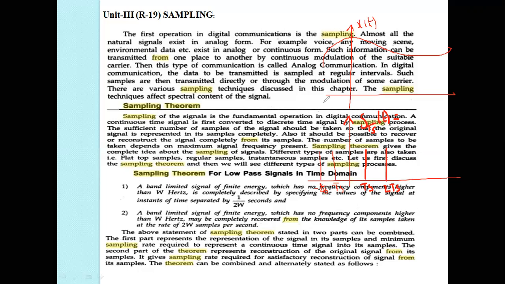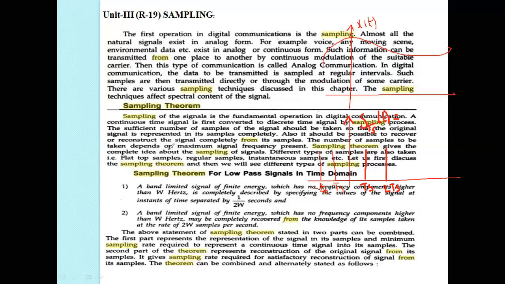There are various sampling techniques, and they affect the spectral content of the signal. After sampling the continuous time signal, we transmit it directly or through modulation of a carrier signal. That is digital communication.